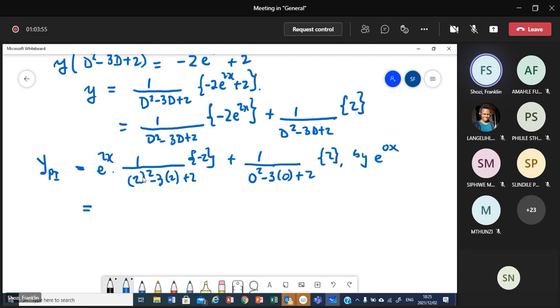Let us work this thing out here. This is e to the power 2x, 1 all over 4 minus 6 plus 2, on minus 2, plus 1. This will be 1 because 0, 0, 0, that will be 1. And what you can see here, the theorem fails here. Theorem 1 failed on this part.